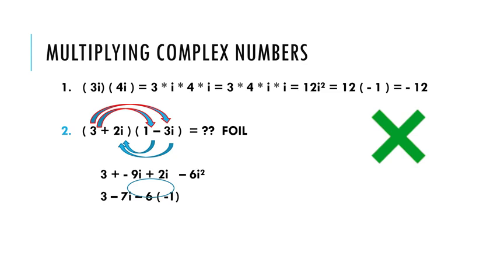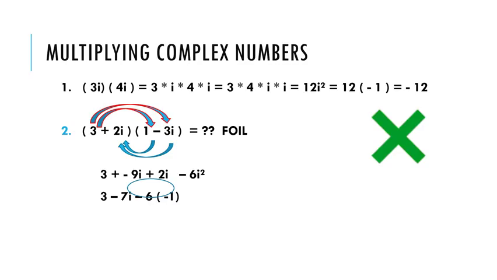Okay, then you've got this 3, but remember, i squared equals what? -1. Let me just write this over here. 3 minus 7i minus 6 times -1. Okay, so a negative times a negative is a positive 6.